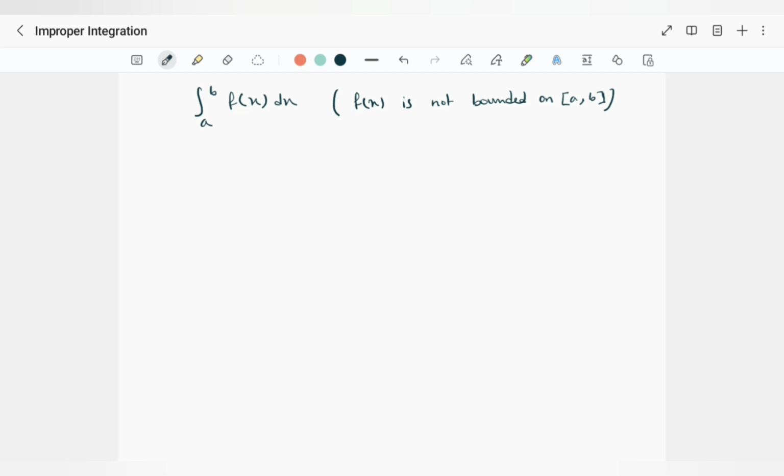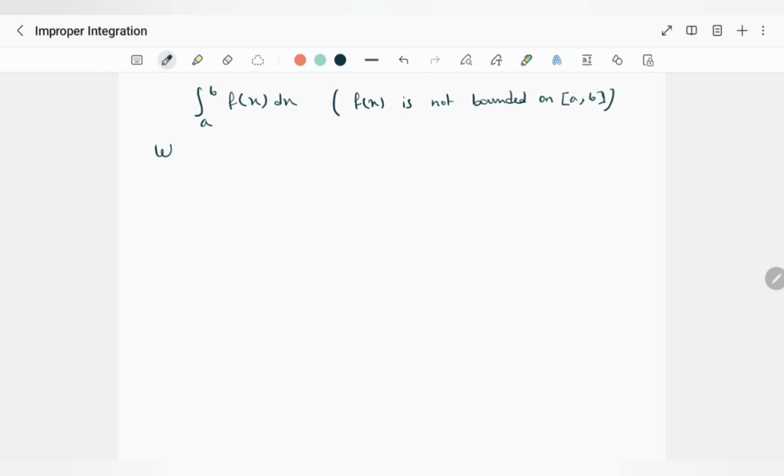One, if the function is not bounded at its lower limit, at a. Another, if it is not bounded at b. And the last one is if it is not bounded at a point which is in between a and b. So first start with if it is not bounded at a.